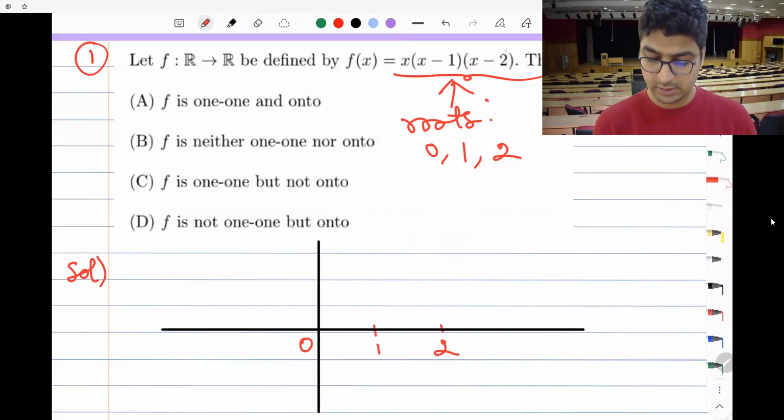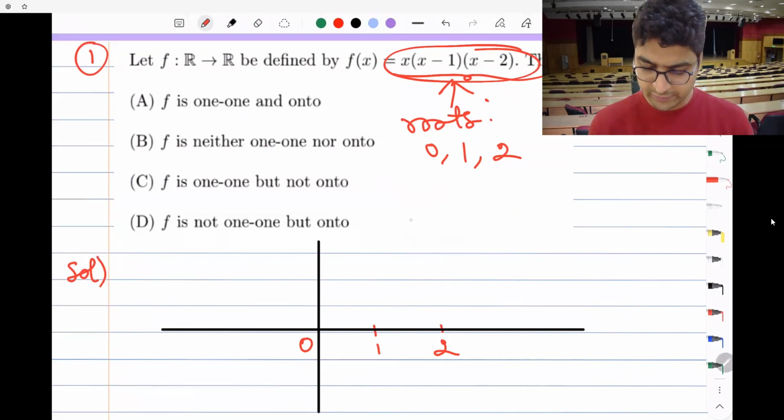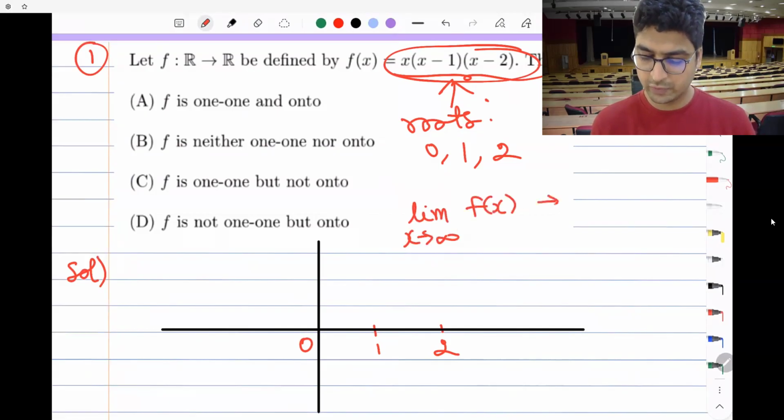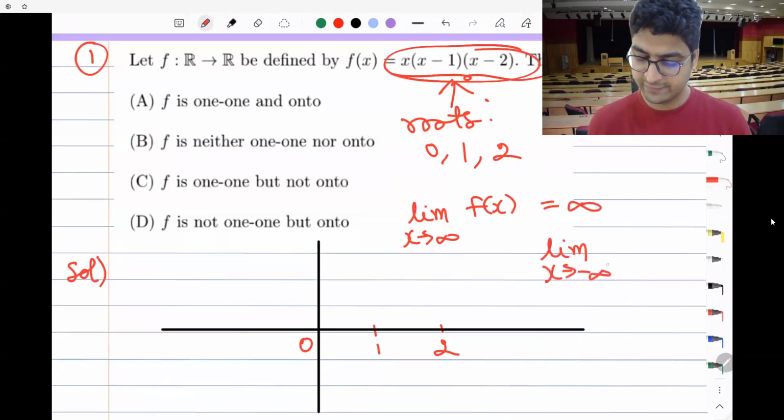And if you multiply all these three factors, then you will get x cube as the term with the highest degree. Okay, so if you take limit x tends to infinity of f(x), that would be infinity. And limit x tends to minus infinity f(x) would be minus infinity.